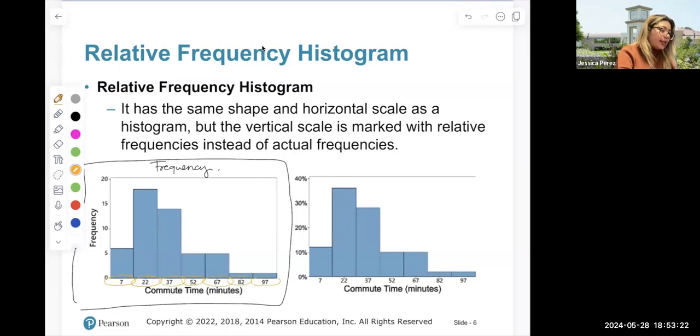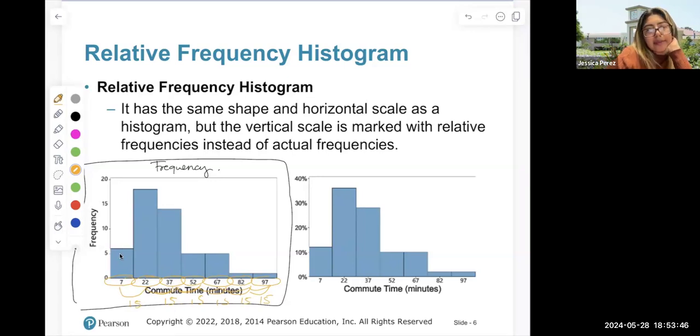So if we go back to the example, it has 7, 22, 37. What's the difference between these two? All of this is 15, and then 15, and then 15, and then 15. These values that you see are your class width.